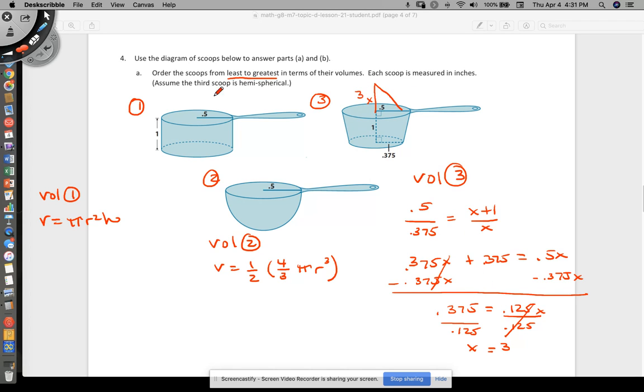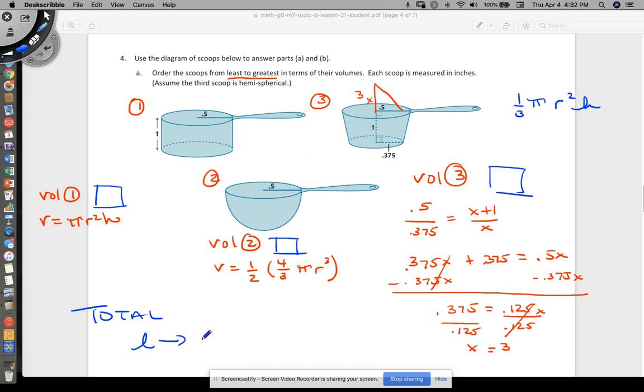All right, now you're going to take that and find the volume of the 2 cones. And remember that you're going to use 1/3 pi r squared h for both of these, for the small one and for the large one. So in the end, you will have an answer for this one, this one, this one, and then a total from least to greatest.